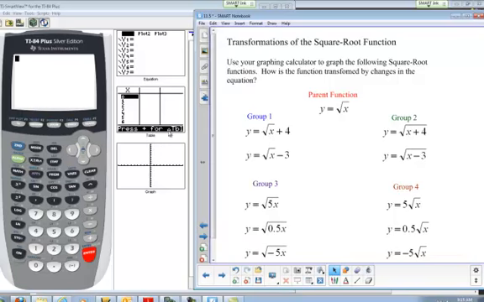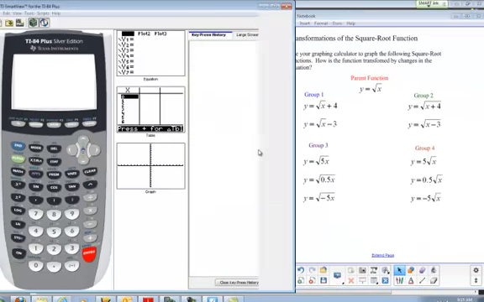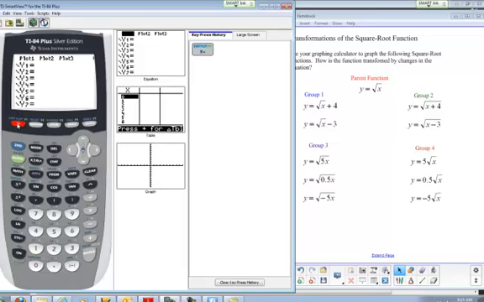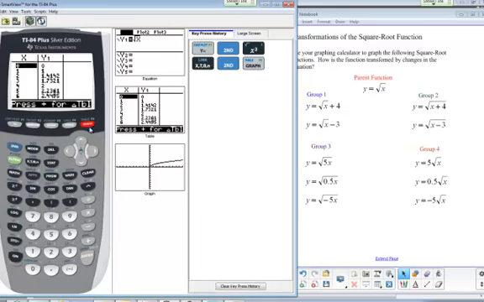Okay, so the first equation is y equals the square root of x plus 4. Let's go ahead and just look at the square root of x first. Here's my graph.